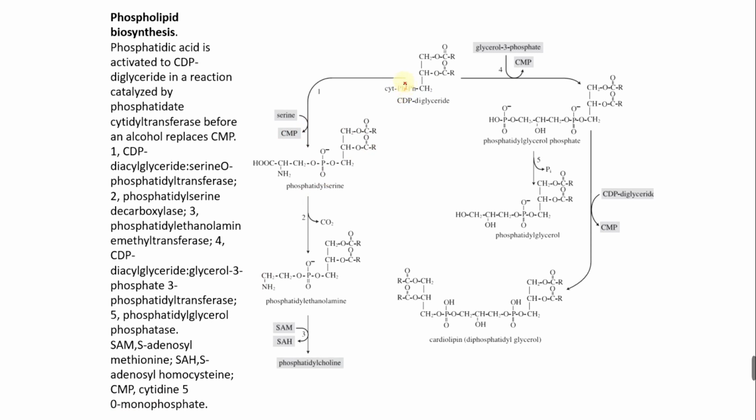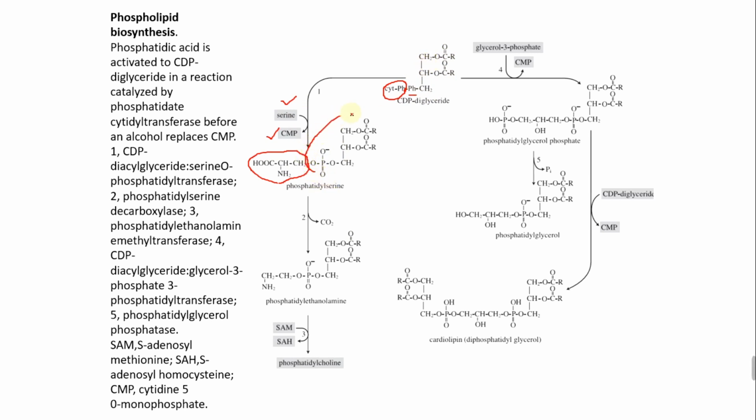And these two moieties are going to be removed as CMP, and the remaining portion is attached with the serine. This is a serine molecule coming in, and a phosphate, and this is a diglyceride.